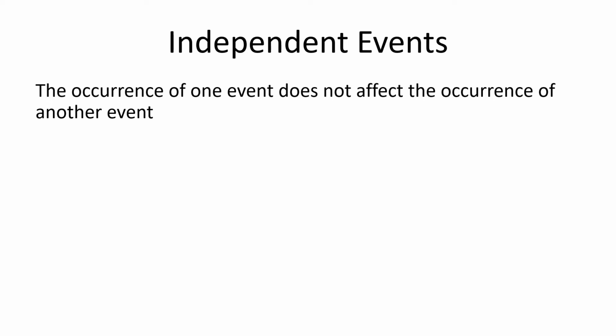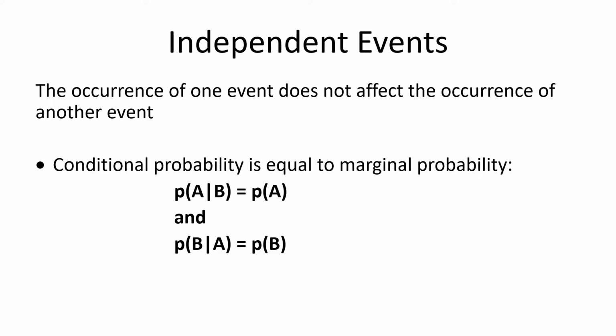Because if the events don't affect each other, then the probability of A given B is going to be equal to the probability of A. If B does not affect A at all, it doesn't matter if B already occurred or not, A is going to have the same probability because they're independent. One event does not affect another event.